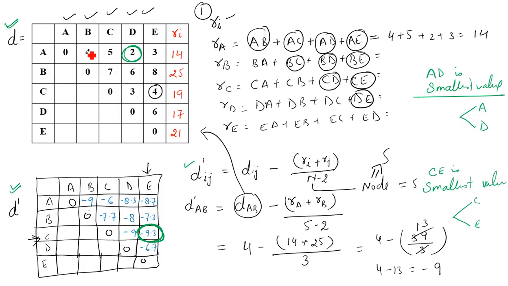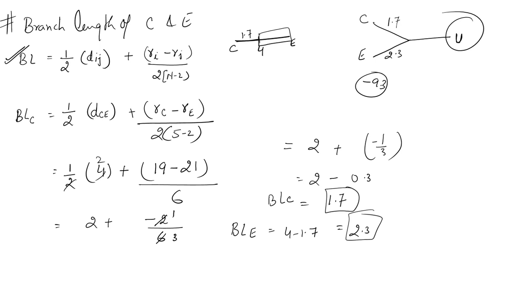You will be given, or you will have to start with, your distance matrix. First you have to calculate the Ri. Then you have to calculate the D dash matrix and find the smallest value. This D dash is only for finding the smallest value, the smallest node. Once you identify the smallest node, you again calculate the branch length.